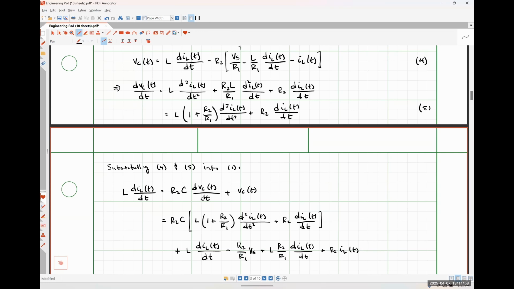Josh. So are we trying to get equations in terms of both the inductor current and the capacitor current? No. So we want a single equation that is a second order differential equation that only has inductor current or only has capacitor voltage. And I believe we are essentially there, right? Okay.